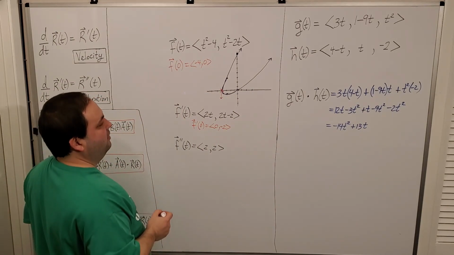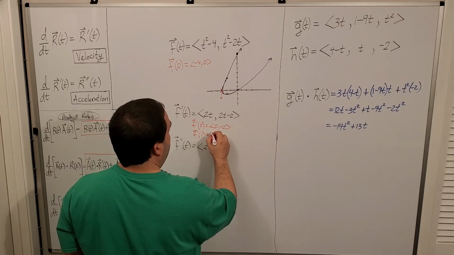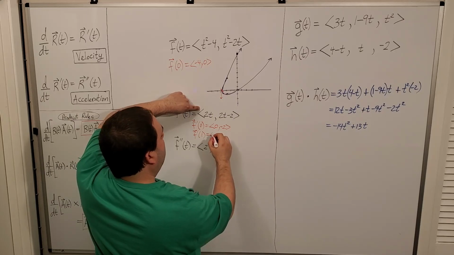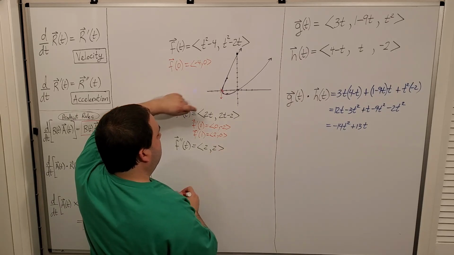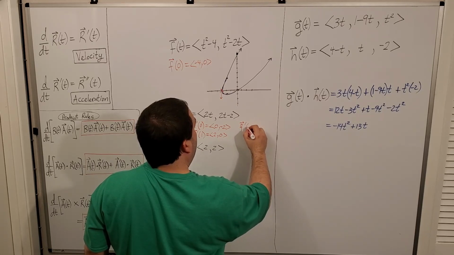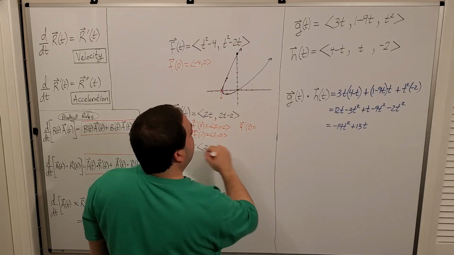All right. Well, let's check a few other ones. Let's do f prime of 1. That's going to give me 2, 0. And then let's also do f prime of 2. That's going to give me 4 and 2.